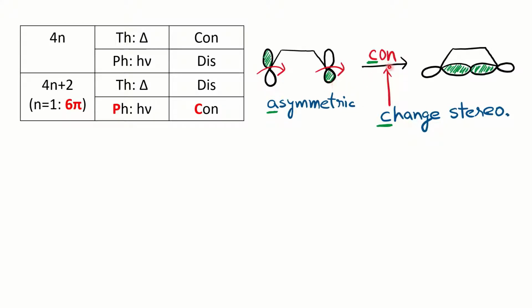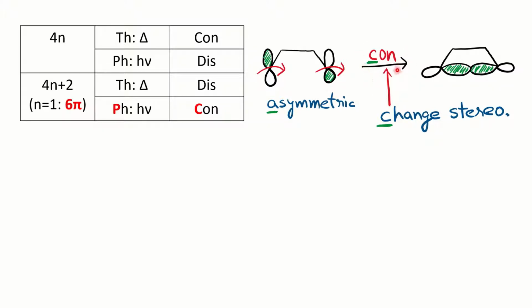With asymmetric orbitals, the ring closing will be by the conrotatory method. Conrotatory means you can rotate in the same direction, clockwise or anti-clockwise, so that it can form a bond, right? The shaded part will form a bond. This is only possible if you rotate it either clockwise or anti-clockwise.